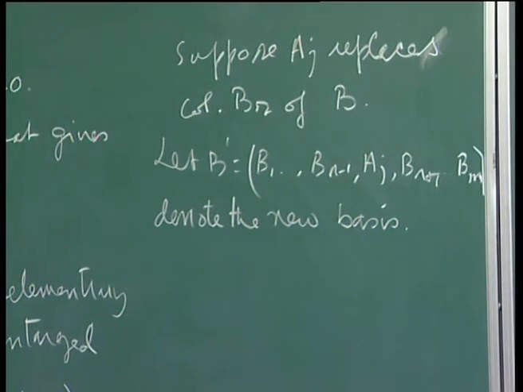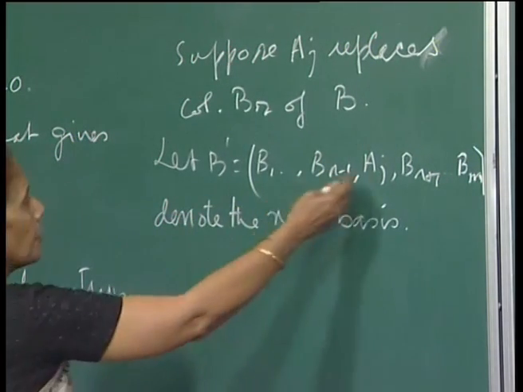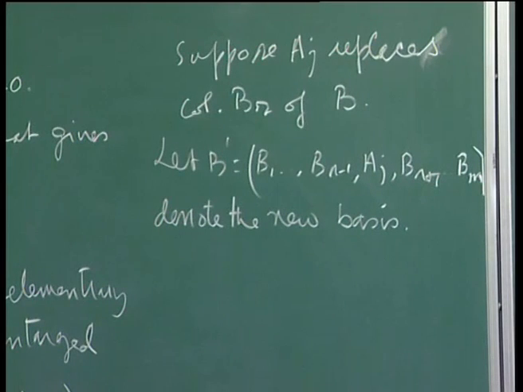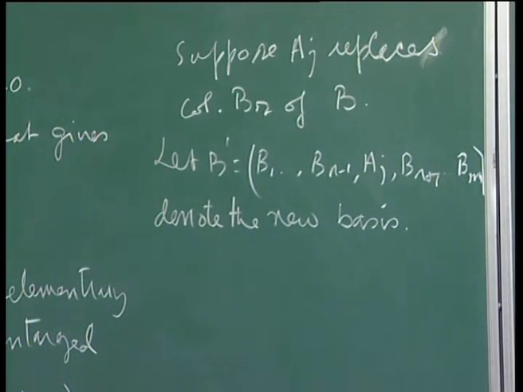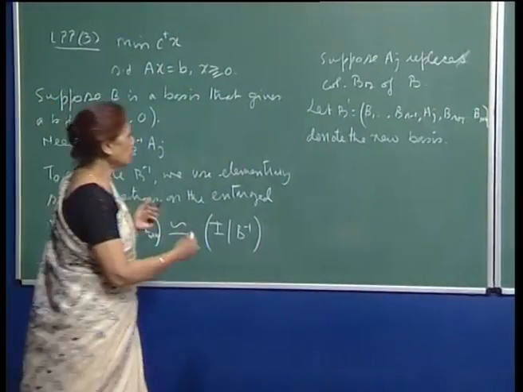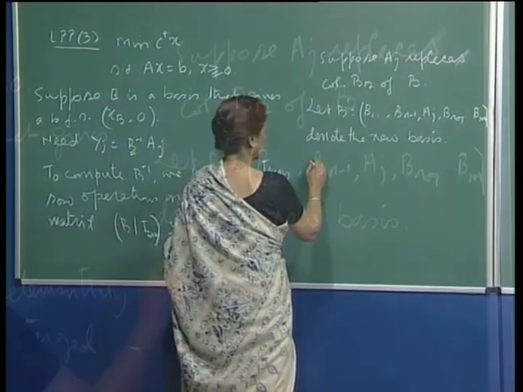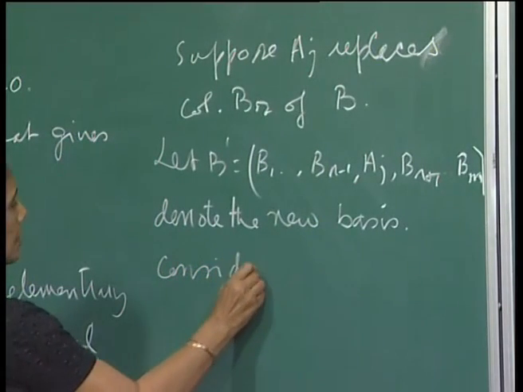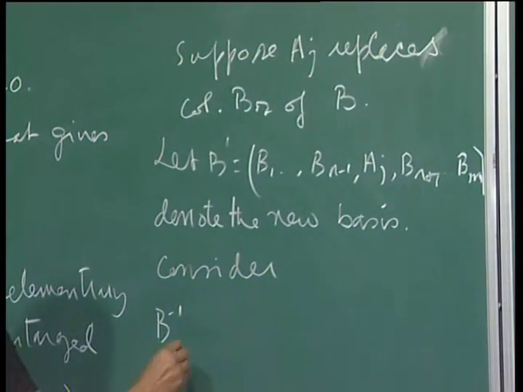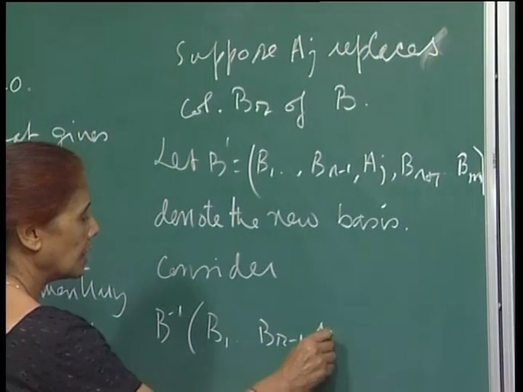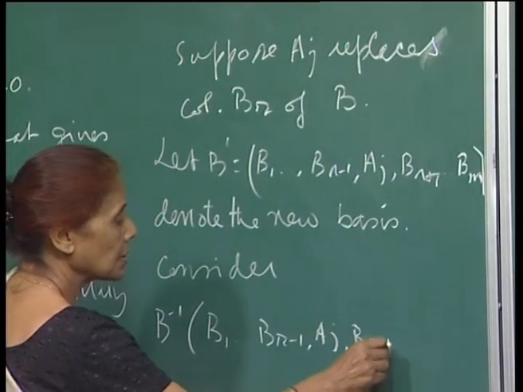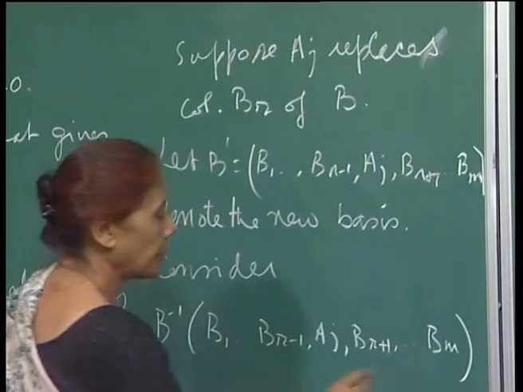Now I would need to compute the inverse of B prime also, and if I have to do it from scratch, it will take a lot of time, so I want to show you something. Suppose I carried my column A_j along when I was doing these elementary row operations. In other words, consider B inverse times B_1 ... B_{r-1} A_j B_{r+1} ... B_m.